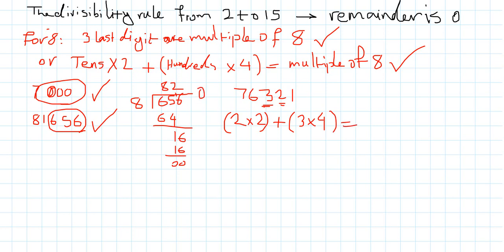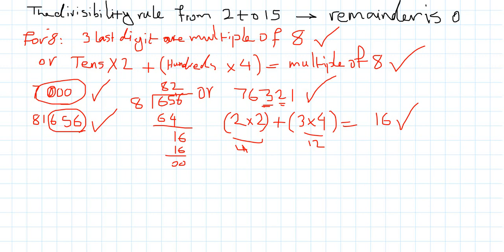It is OR. Second condition. 2 times 2 is 4. 3 times 4 is 12. 12 plus 4. We should check is multiple of 8 or not. It is 16. So 16 is a multiple of 8. So we can say this number is multiple of 8.